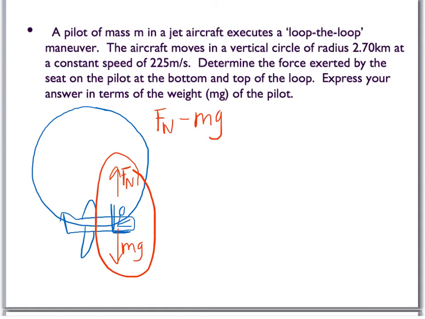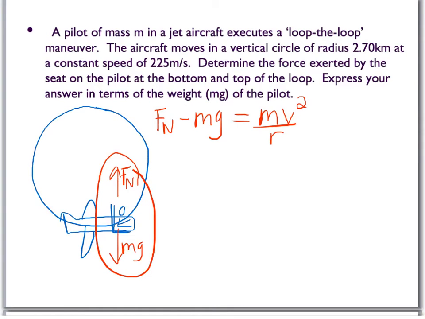Now these two forces in conjunction are actually creating our centripetal force. That is not always the case where there's only one force acting that creates our centripetal force. Sometimes it might be a combination of forces, just like in this example. Because this combination of forces is causing the pilot to move in a circle, we could set this equal to an ma, where the a is a centripetal acceleration of v squared over r.